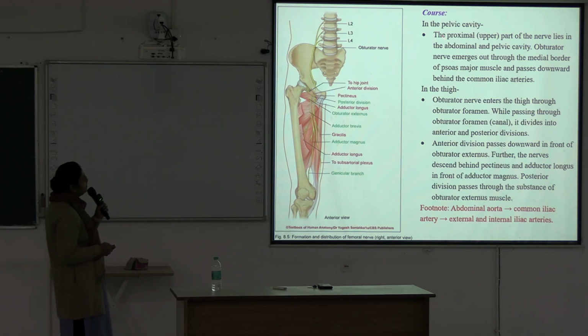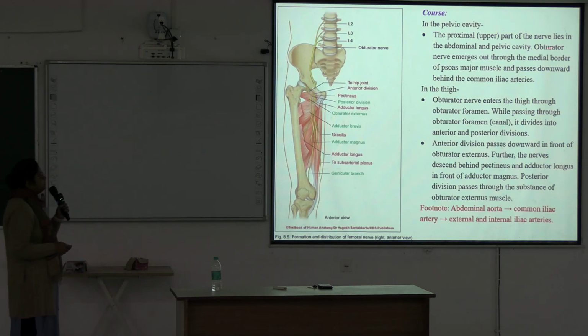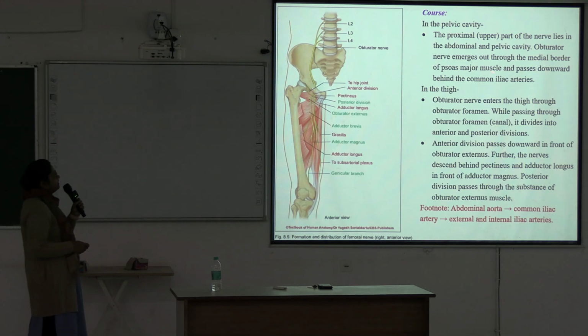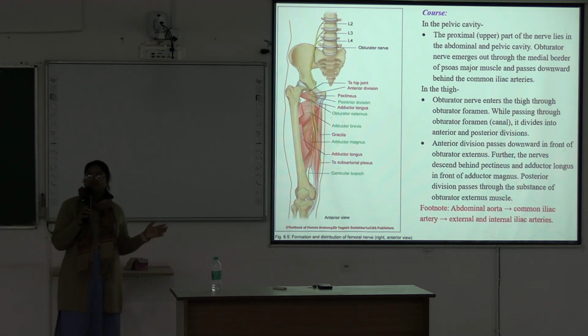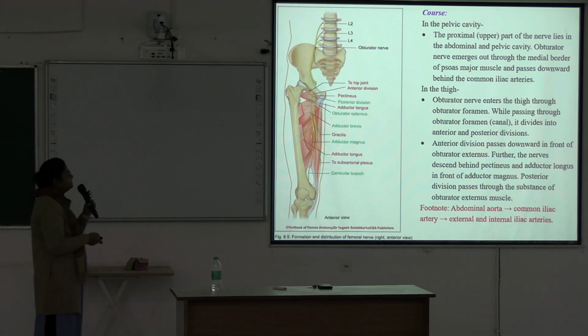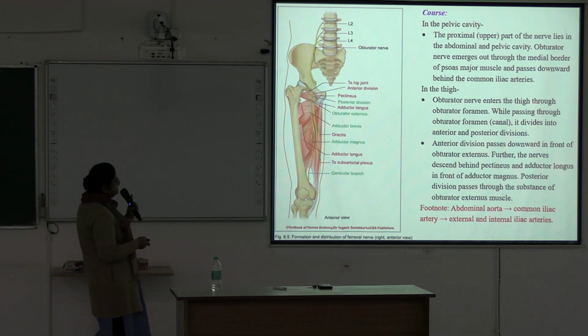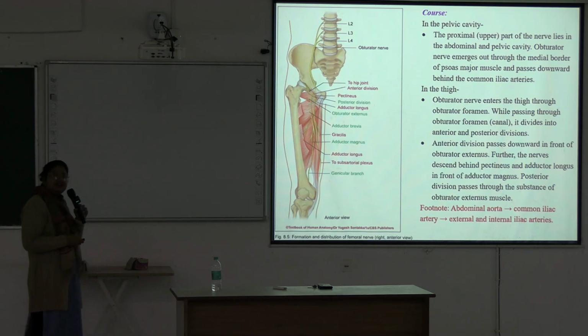The upper part of the nerve lies in the abdominal and pelvic cavity, and the nerve emerges through the medial border of psoas major. The femoral nerve emerges along the lateral border and the obturator nerve along the medial border of the psoas major. That's how you identify these two nerves in dissection, and it passes downward behind the common iliac arteries.